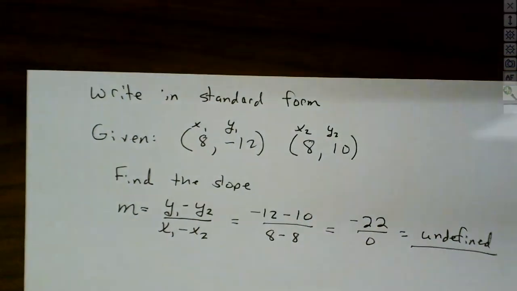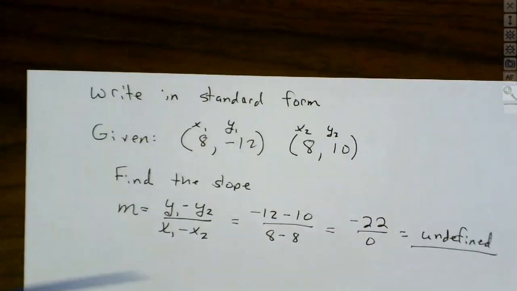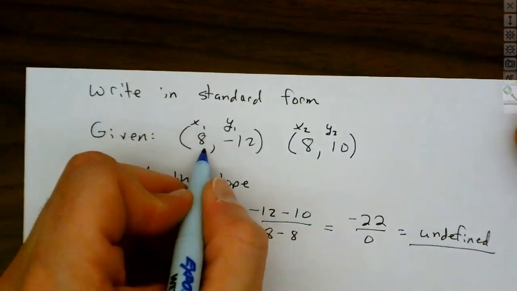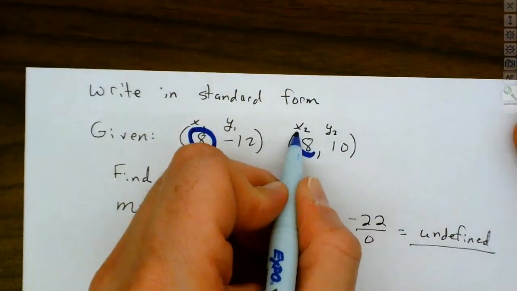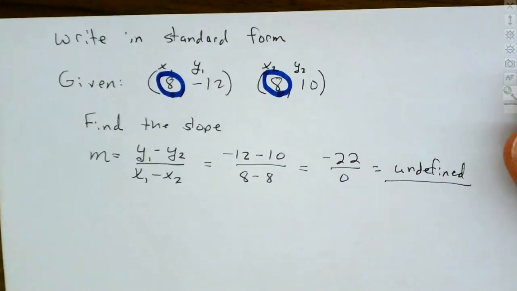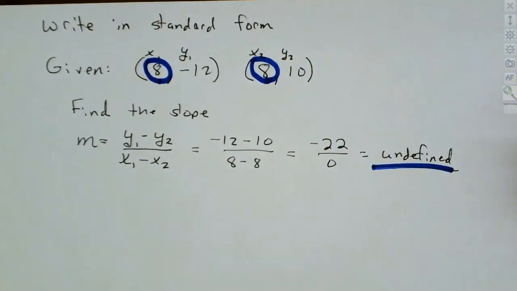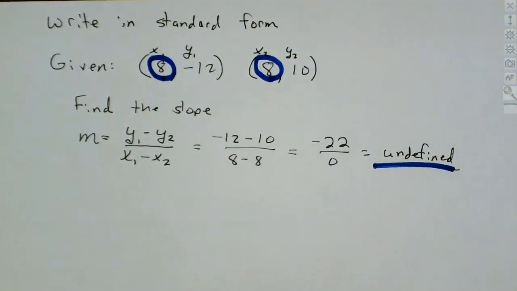Now, what do you notice about your ordered pairs? When you look at these ordered pairs, what do you notice about the x values? The x values are the same, right? And what do we know about an undefined slope? An undefined slope is a vertical line.